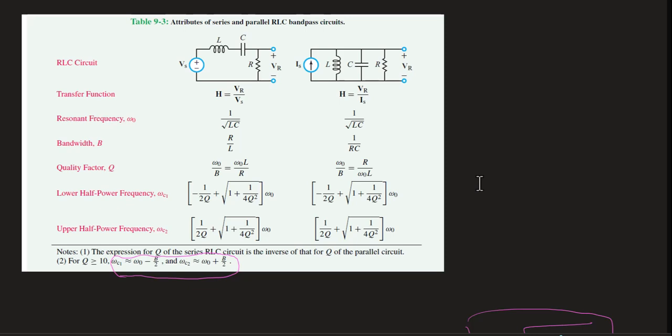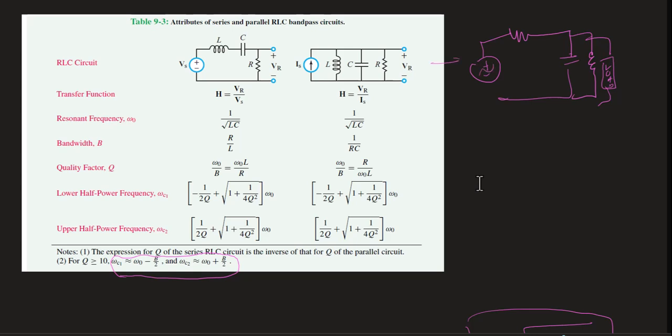I drew it like this in class, with a voltage source, and this one is drawn with a current source.